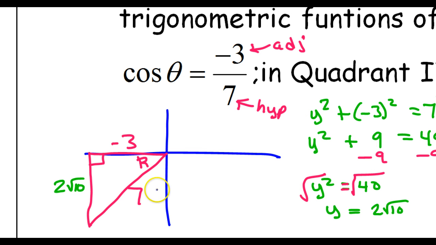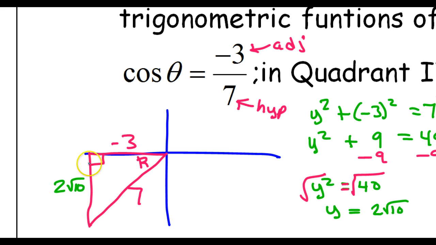Now be careful, do not make the mistake that I just made. I just had to redo a large chunk of this video because I went on and on and had left this 2 radical 10 like this. I said we were allowed to use this reference angle as long as we chose the correct signs on the legs of this triangle, but then I went on to not do that.